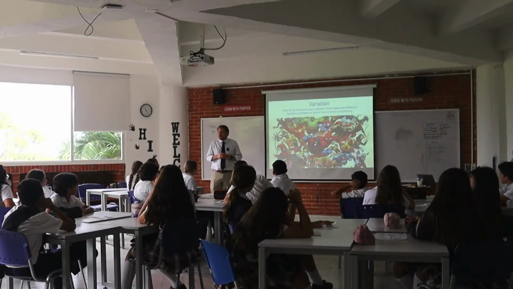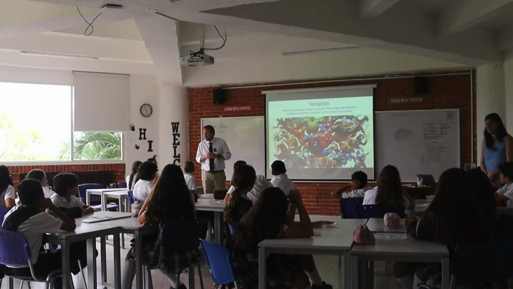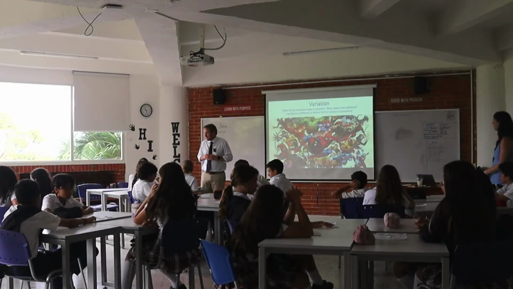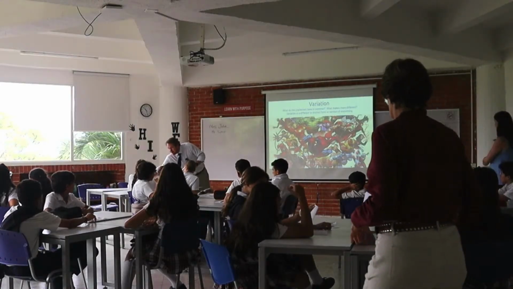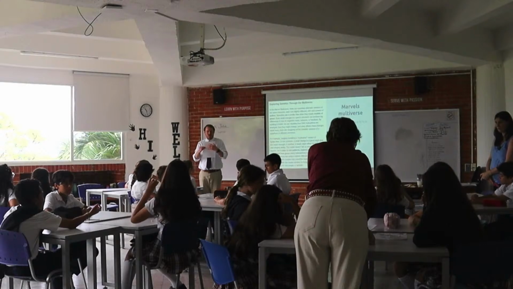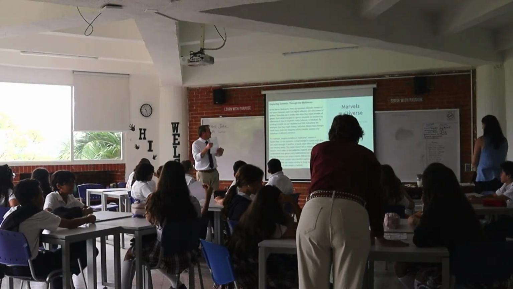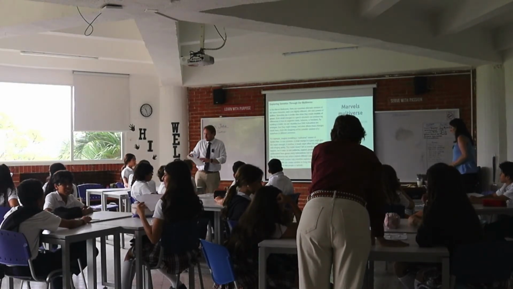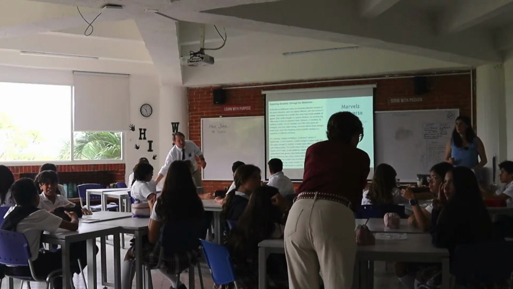And what we're going to do now is have a look at the text that is on your table. You'll see that it looks like this. And between your groups, I'd like you to read the text that we see, and we would like you to look for these concepts.